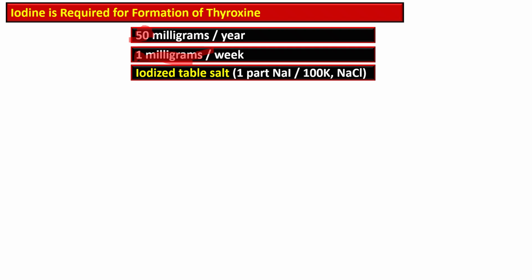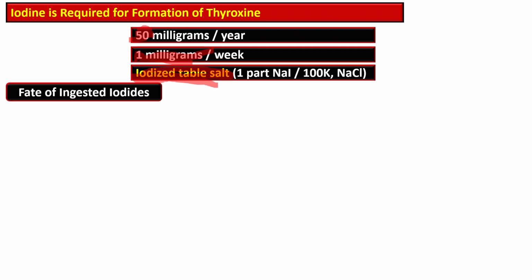So it is included in table salt as a public health strategy to prevent iodine deficiency. Fortified table salt is used, and the typical ratio is 1 part sodium iodide per 100,000 parts of sodium chloride.